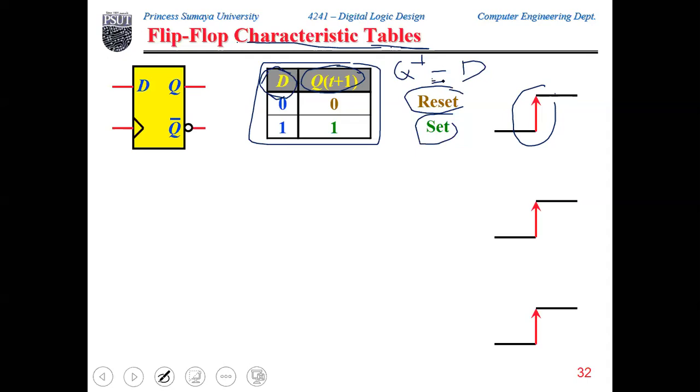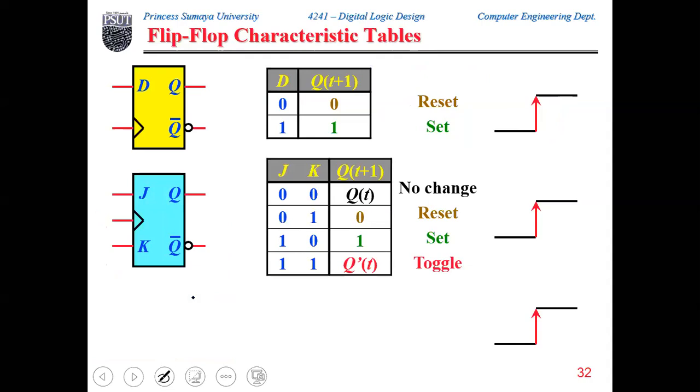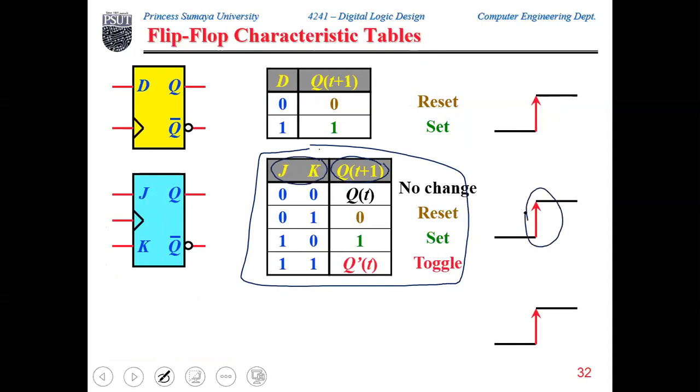How about other types of flip-flops? For example, the JK flip-flop. This is the characteristic table of the JK flip-flop. Basically, this table tells us what the new value is based on the values of J and K when there is a rising edge on the clock input. So here we have four different types of operations for this flip-flop.